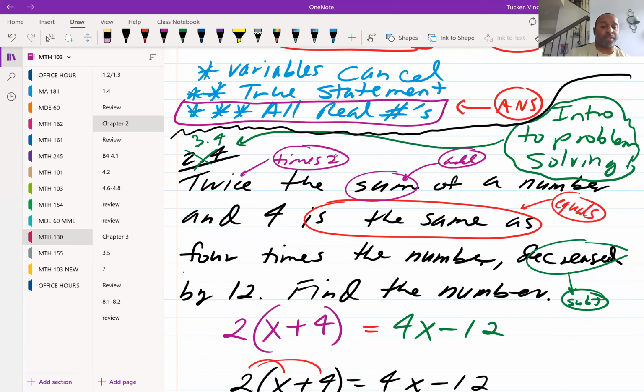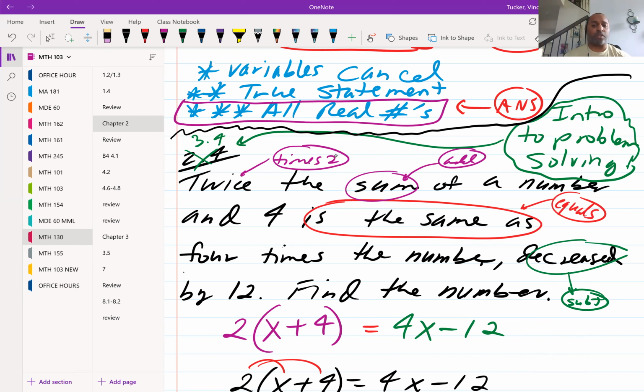And we have to use parentheses there because it says twice the sum. Now, if it said twice the number, then that would have been 2x with no parentheses. So make sure we're okay with what's being said and how it's being said. Twice the sum, you're going to have to use parentheses. But if it said twice the number, it would have been 2 times x.